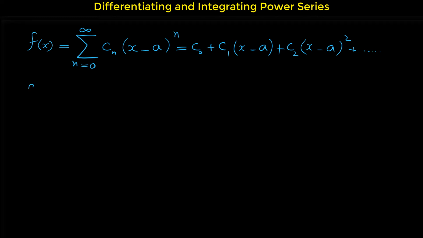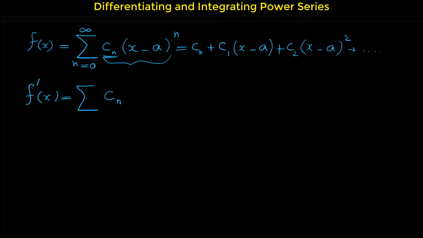For finding f prime of x, the derivative of f of x, we have to take the derivative of the general term of this power series. For taking the derivative of c sub n times (x minus a) to the power of n, note that c sub n is a coefficient. So in differentiating this term, first we write c sub n.